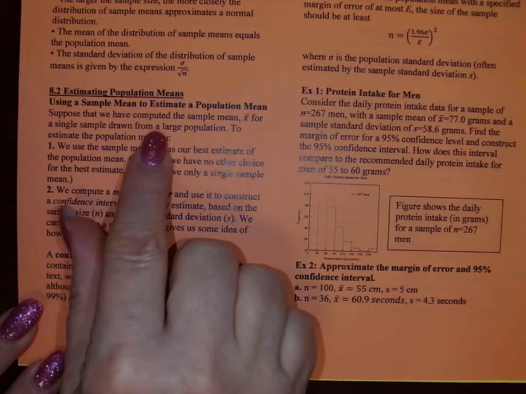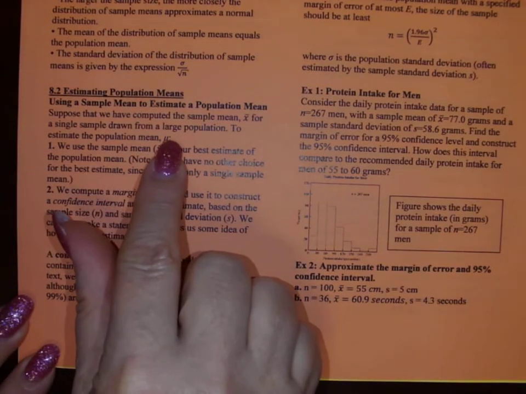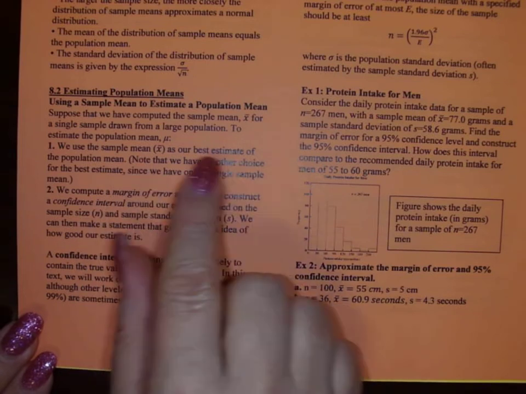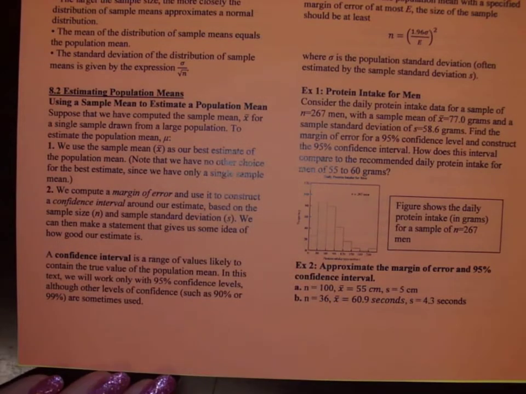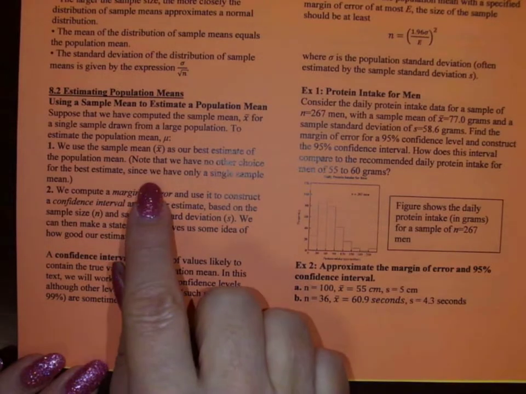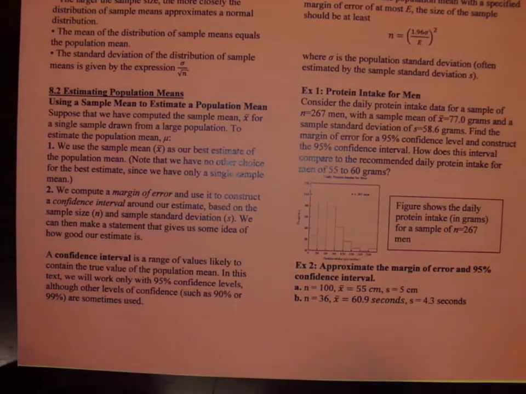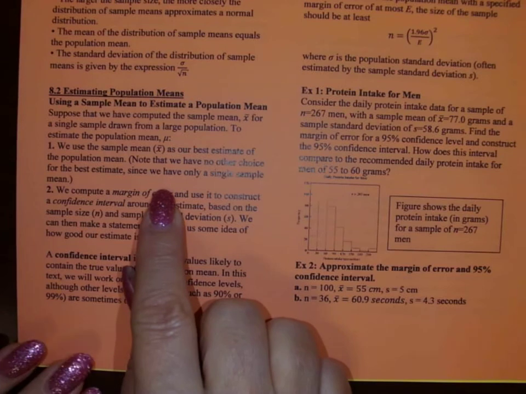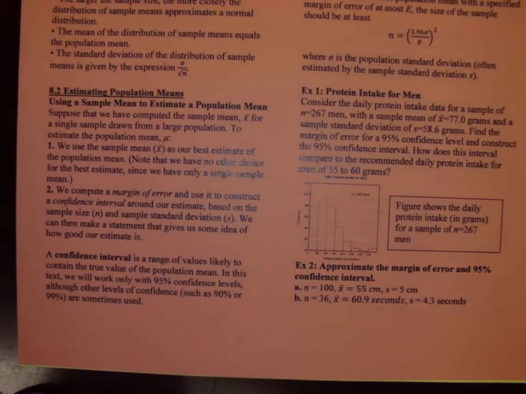To estimate the population mean, which is mu, we're going to use the sample mean as our best estimate of the population mean. We really don't have another choice other than to use the best estimate, since we only have a single sample mean. We'll compute a margin of error and use it to construct a confidence interval around our estimate.